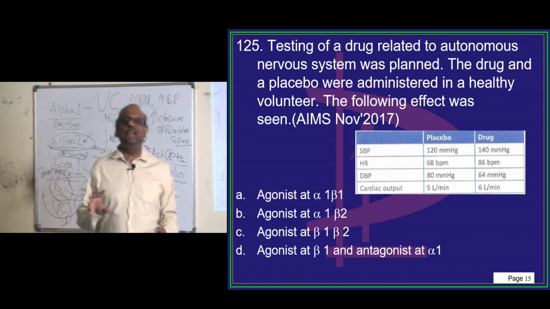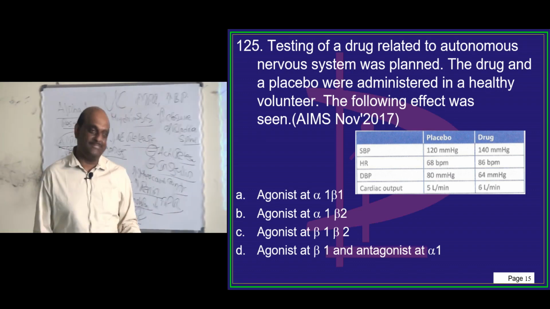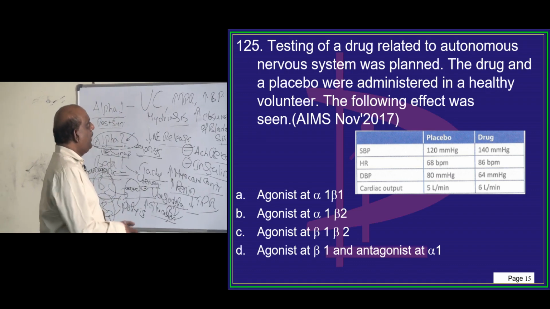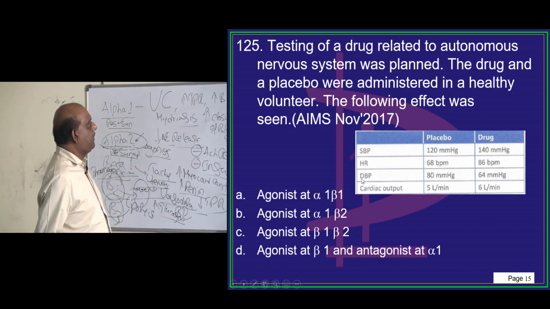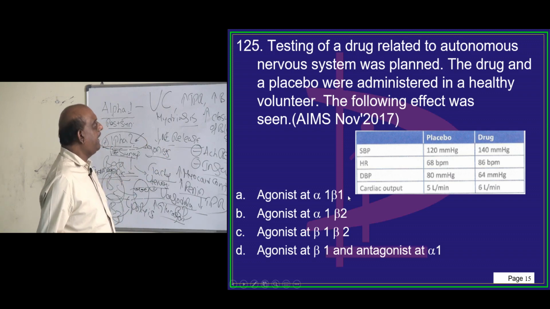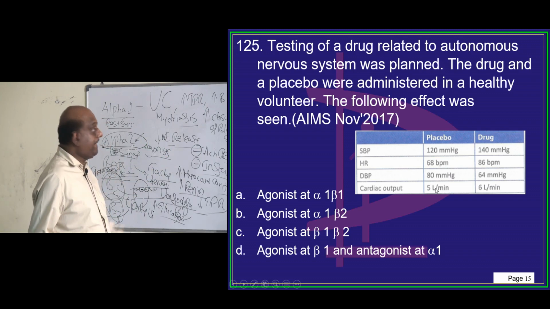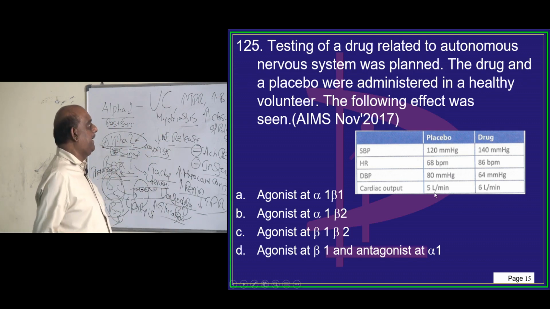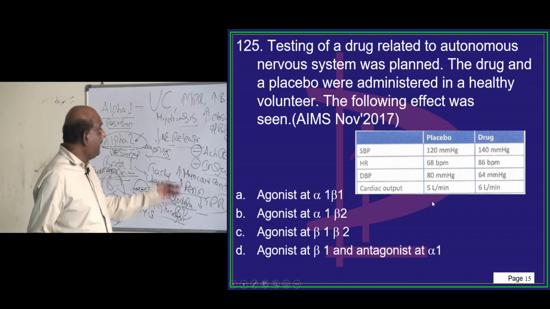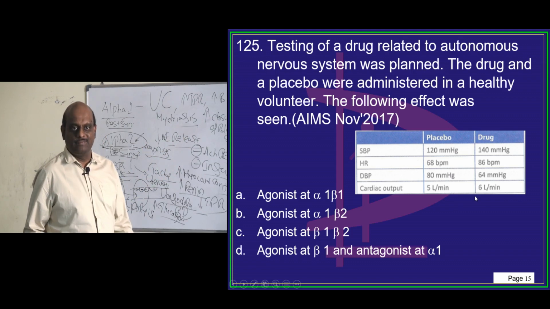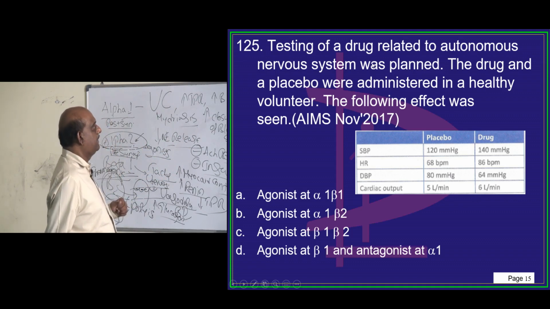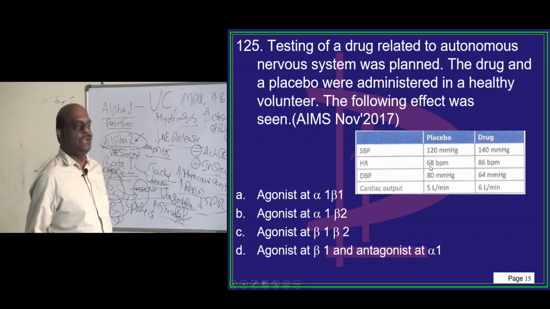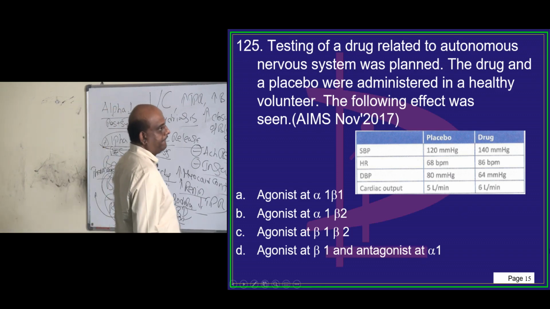Now comes a very interesting question, doctor. You have given a drug and that drug typically led to an increase in systolic BP, an increase in heart rate, but a decrease in diastolic BP and an increase in cardiac output. So what is this drug possibly doing and how does it act? That is an important question.